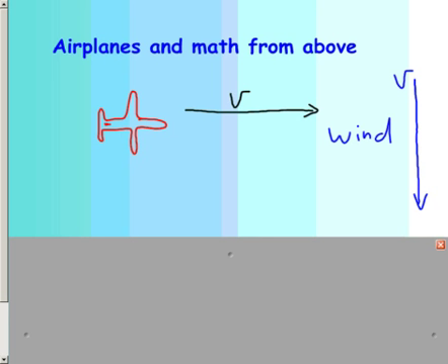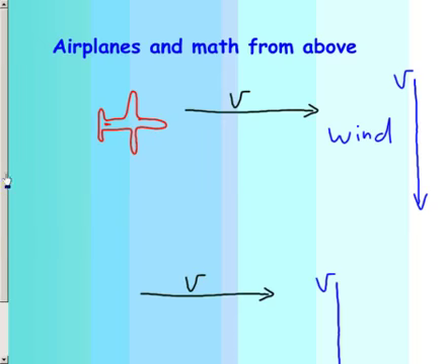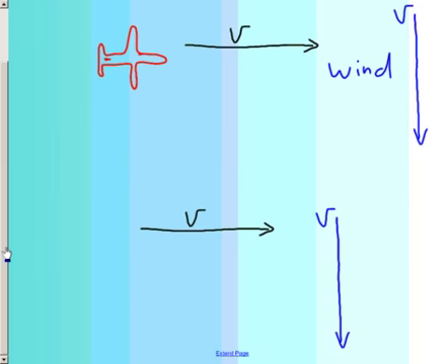So again, black arrow, velocity of airplane relative to air, blue arrow, velocity of the air relative to the ground. I want you to add those two vectors and show me the velocity of the plane relative to the ground. Alrighty, I'm moving on. Here's what I got. I copied the two vectors down.